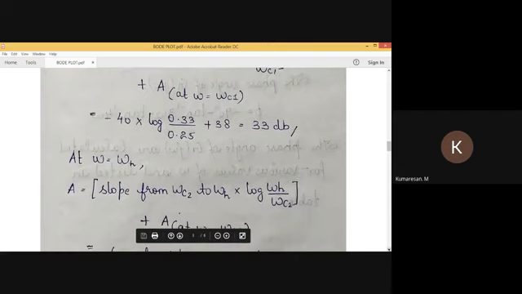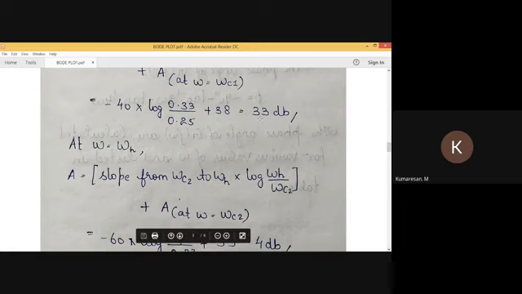Next, omega equal to the higher frequency. Here the slope changes to -60. So the slope change from omega C2 to omega H times log of omega H divided by omega C2, plus the amplitude from the previous step, which is 33 decibel.